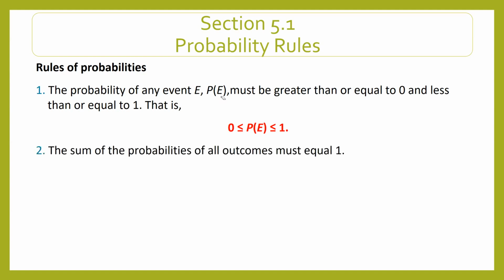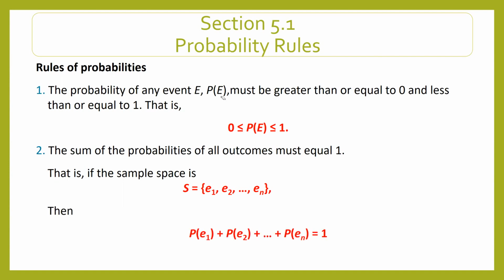Rule 2, the sum of the probabilities of all outcomes must equal 1. When I take all the possible outcomes, find the probability of each and add all the probabilities together, they must sum to 1. So suppose we have a sample space with events E1 to En, then the probability of each of these, when I add them together, should give 1.